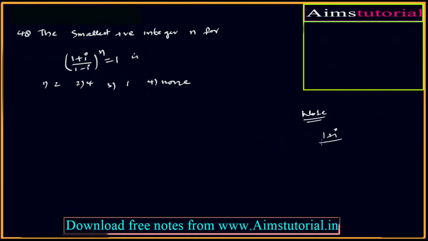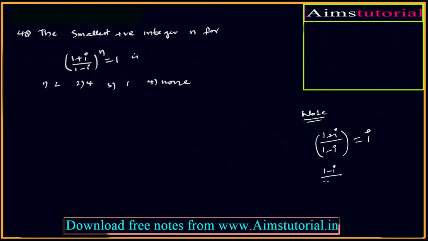1 plus I by 1 minus I, if you rationalize it, becomes I only. Multiply and divide with 1 minus I, and expand using a plus b into a minus b and a minus b whole square. So you will get 1 plus I by 1 minus I is I only.